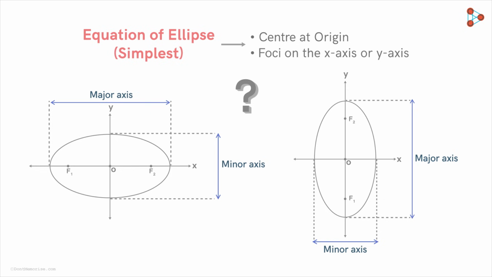Will there be any more possible orientations of an ellipse satisfying these conditions? No, these two are the only two possible orientations satisfying these conditions. So we will only consider these two orientations. Let's first find the equation of an ellipse for this orientation with the foci on the x-axis.